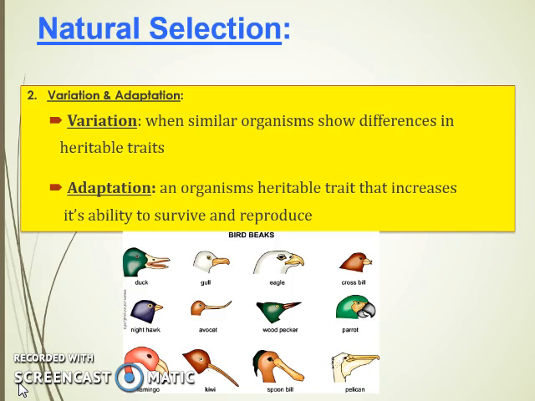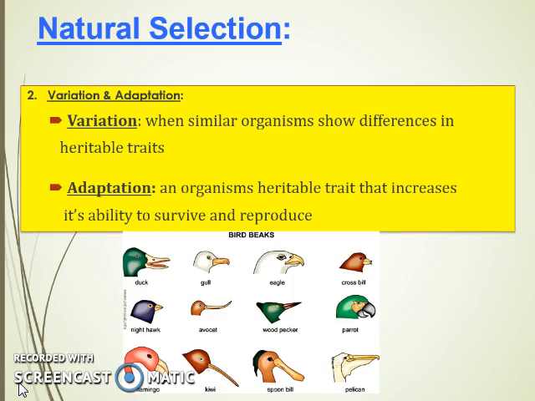We don't see the same kind of beak on a parrot, do we? So these are all adaptations, hereditary changes that happen over a ton of time that help that organism, that species, survive and reproduce.